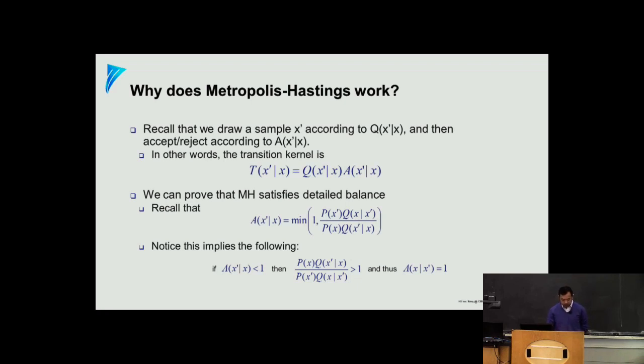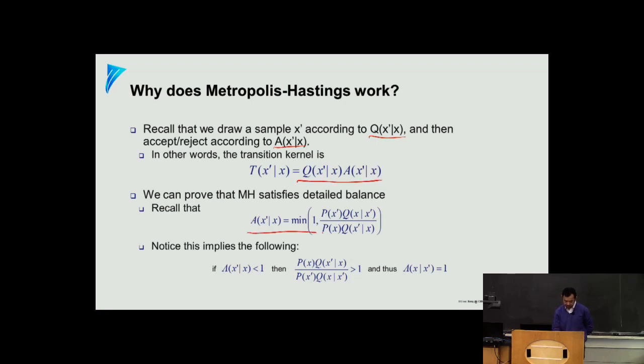And recall that in MCMC we just talked about an algorithm called Metropolis-Hastings. It makes use of a proposal distribution Q of x prime given x, and also an acceptance operator A, and the combination of these two defines the transition kernel.